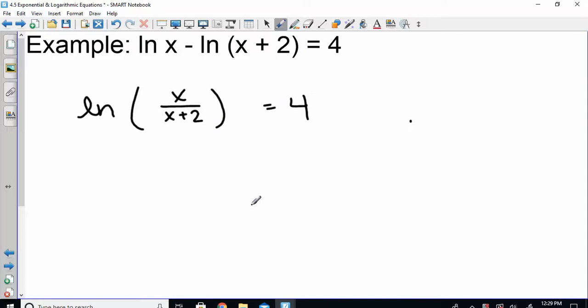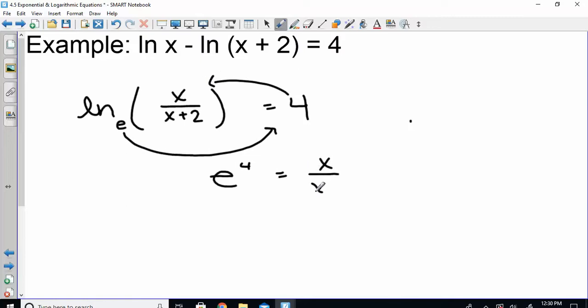Okay. Then if there's only a log on one side, what do we do? Change it to exponential. What is the base of a natural log? E. So that means e to the 4th power equals x over x plus 2.